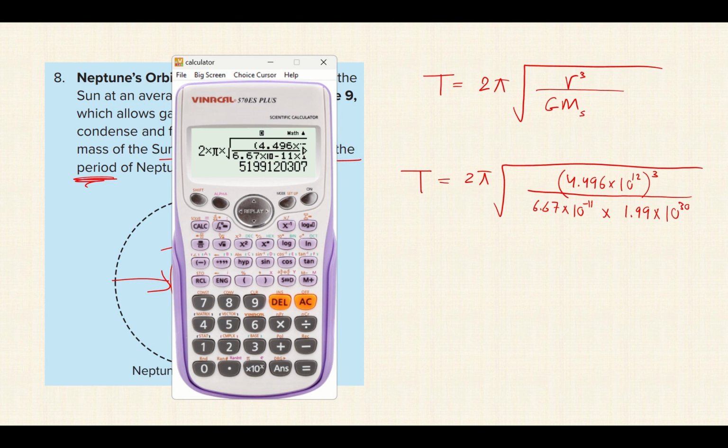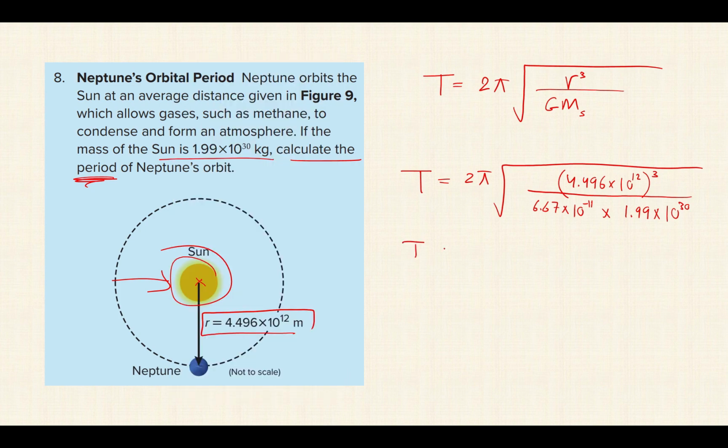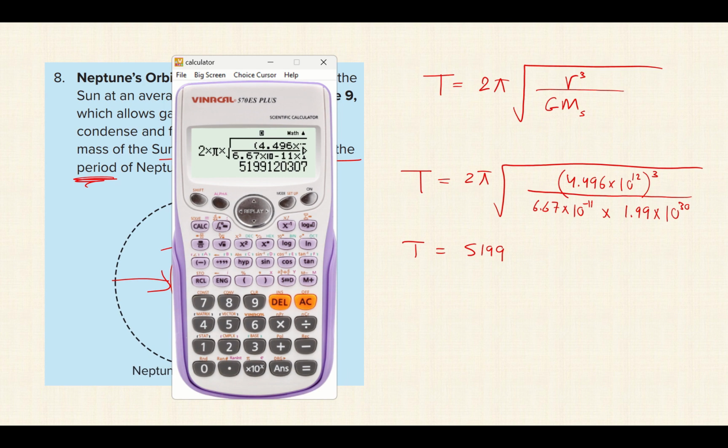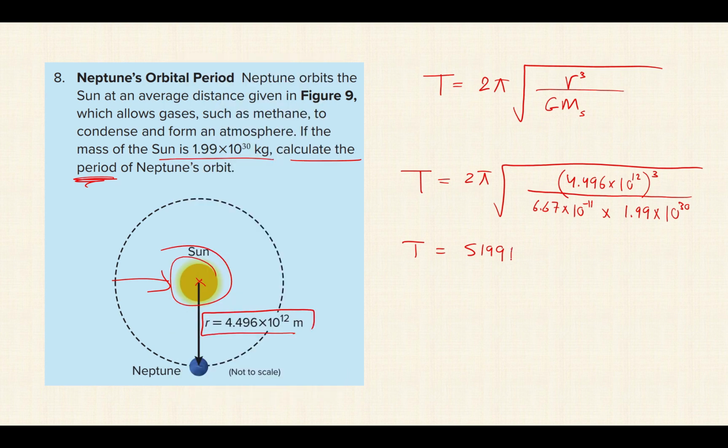Oh, that's the orbital period of planet Neptune. 5,199,12037. Of course, this is in seconds.